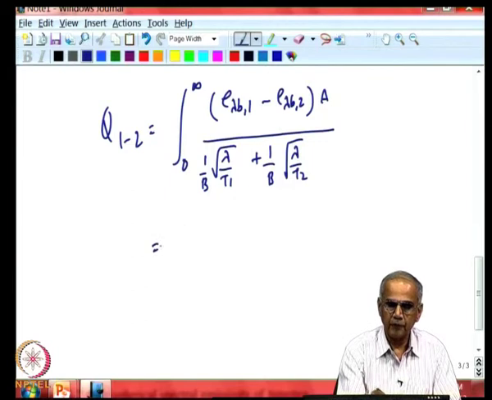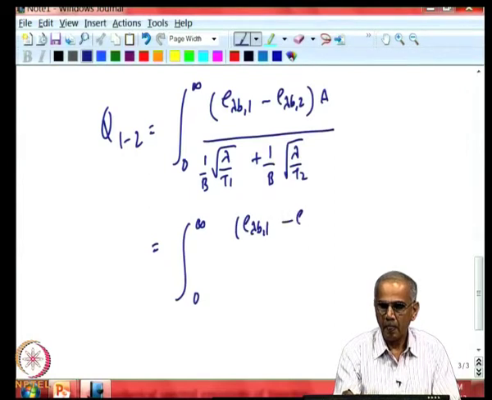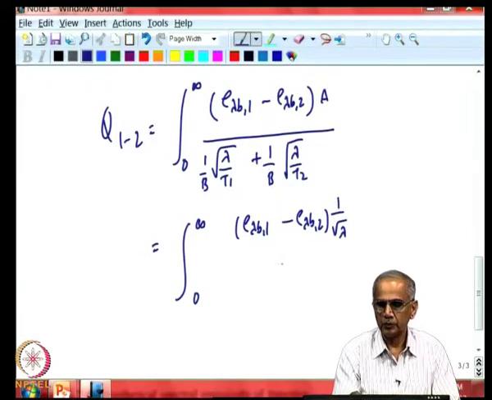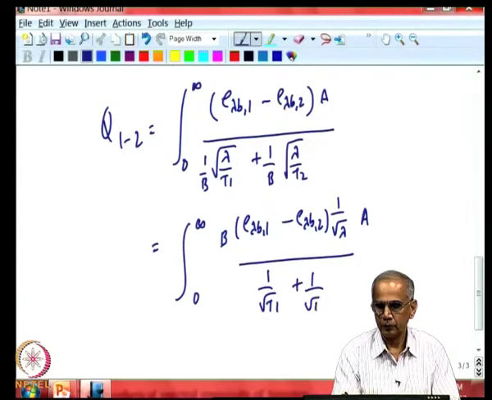So, this can be simplified to write root lambda above, and below we have A above, you can take also B above, nothing but 1 over root T 1 plus 1 over root T 2.